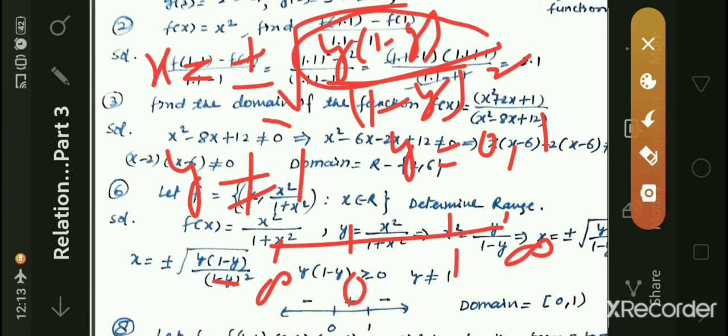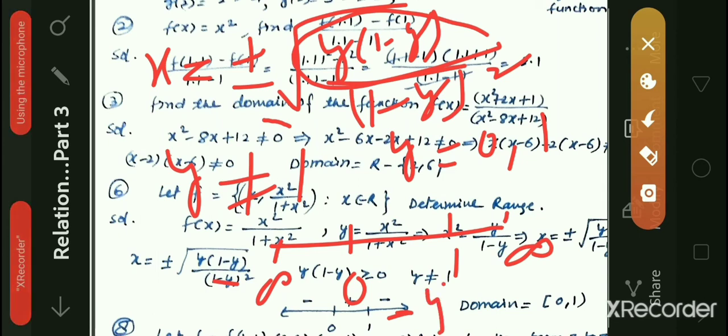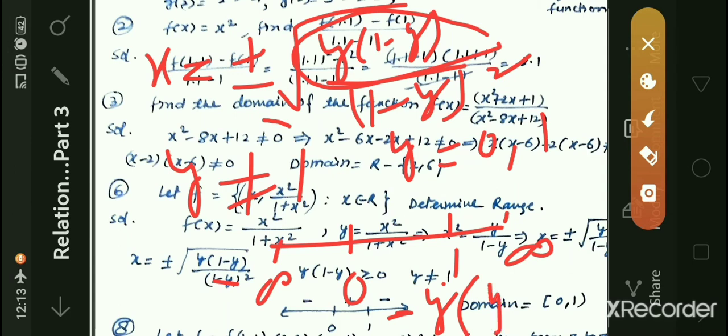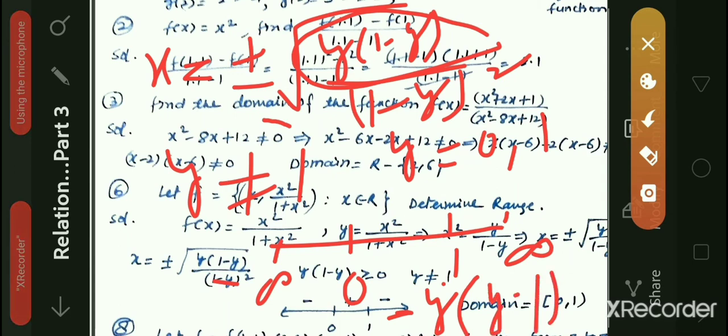Now write this y into 1 minus y in linear factors like x minus a into x minus b. After writing, it can be written as y into y minus 1. Now these values of y here will be 0 and 1.